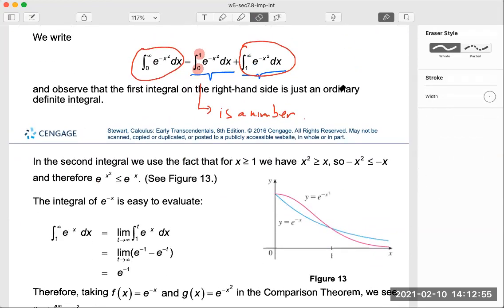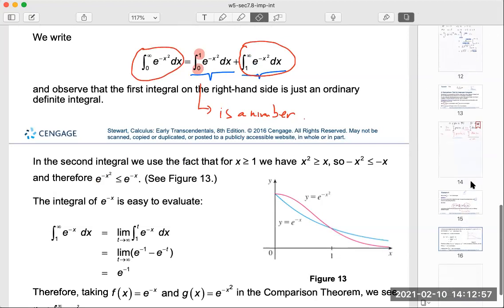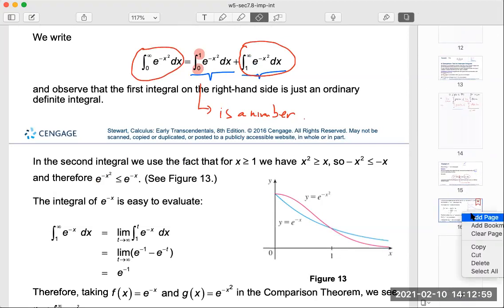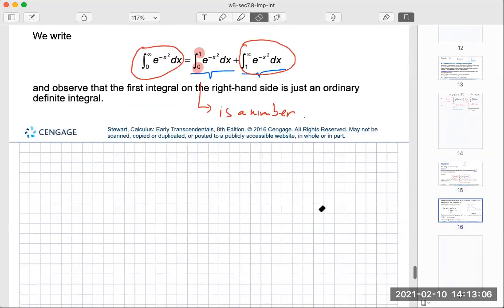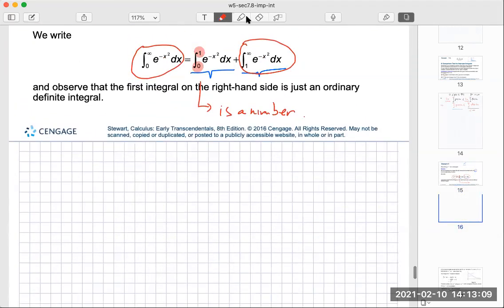Now, let us take a look at the function, the integrand e to the negative x squared from 1 to infinity.